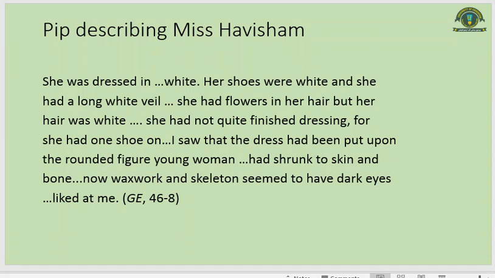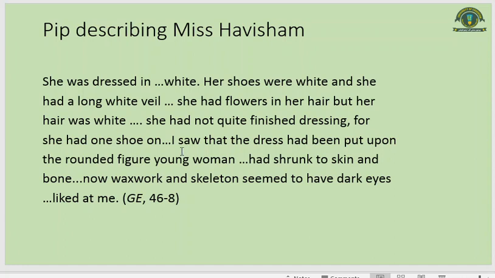And her hair was white also. The white hair is synonymous with old age. So you can see the white hair is something bad, something strange, that we do not find in brides.